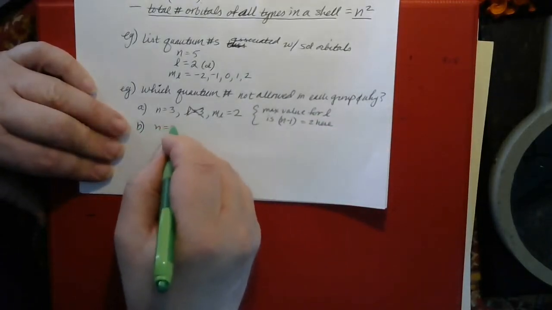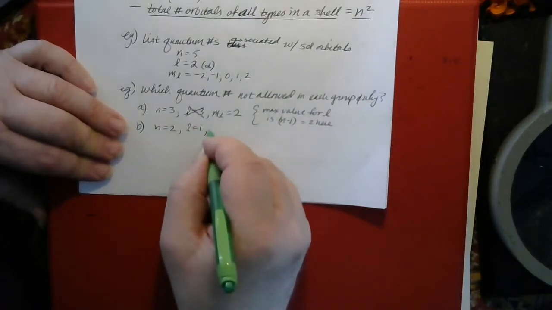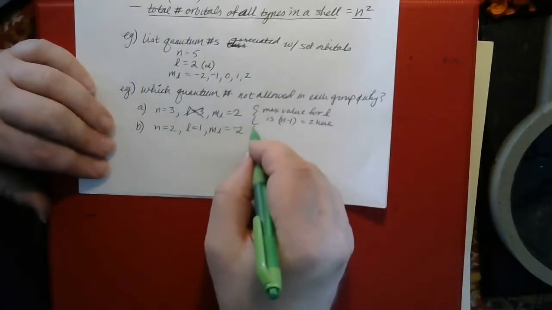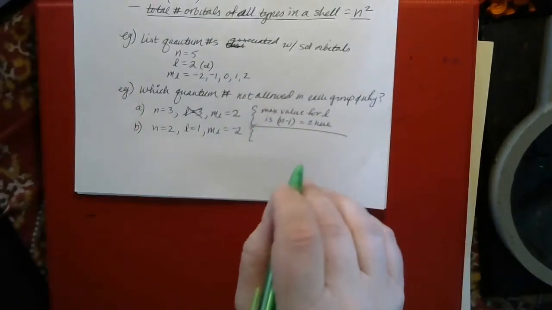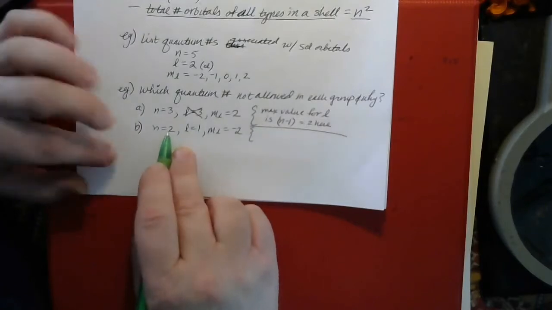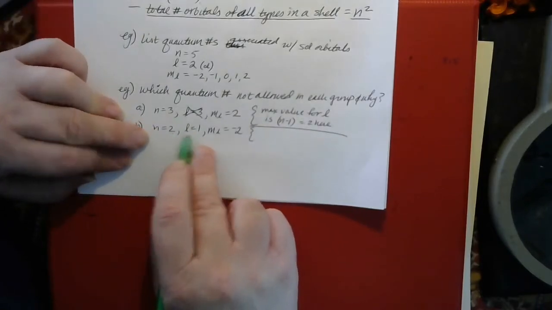B is n equals 2, L equals 1, and m sub L equals -2. Okay, n can be any whole number from 1 on up, so this is okay. L can be anything from 0 up to n minus 1.